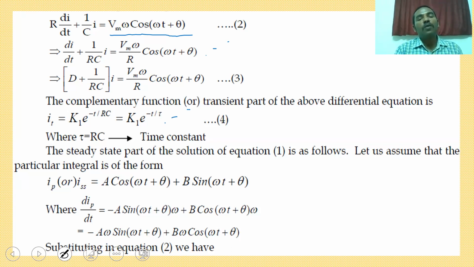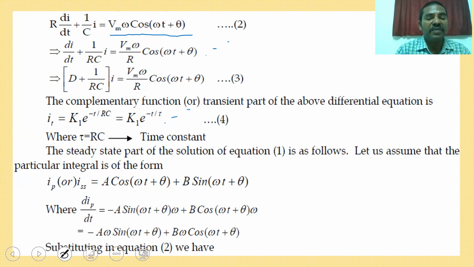Then, for the particular integral, I am taking i P as the steady state current. The solution for this is A cos(omega t plus theta) plus B sin(omega t plus theta).